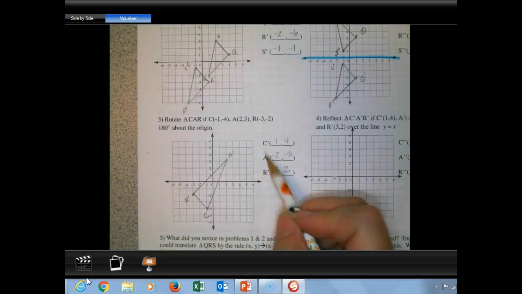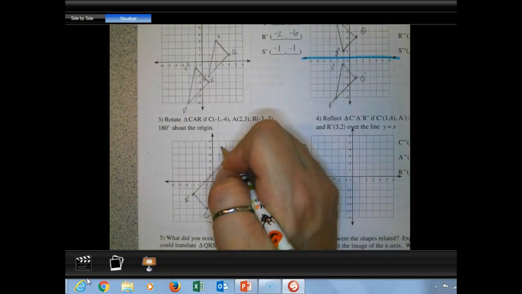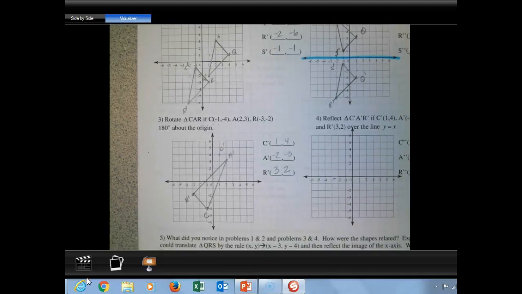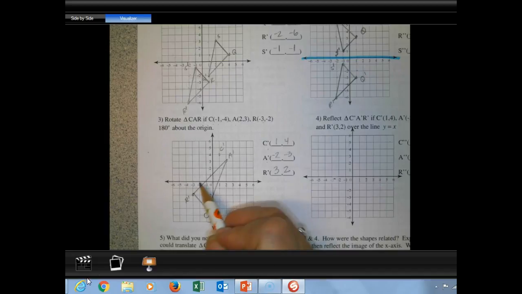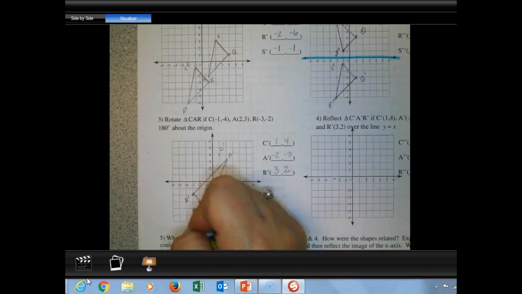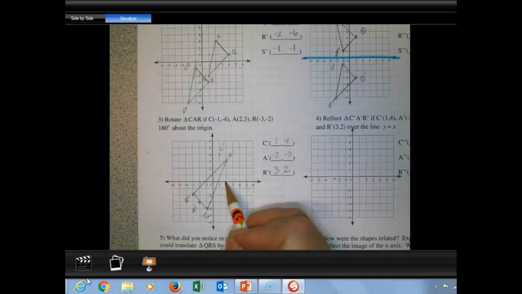So now I'm going to plot my prime points. For C, I'm going to go (1, positive 4). That's my C prime. A is going to be (negative 2, negative 3). Here's my A prime. R is (3, positive 2).